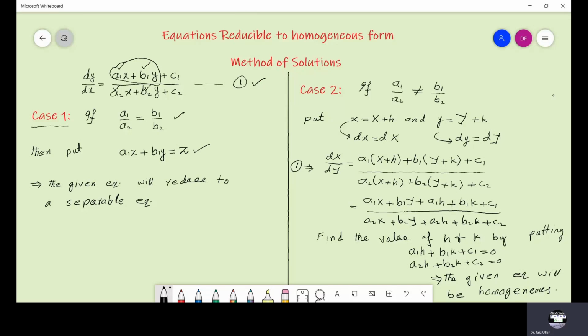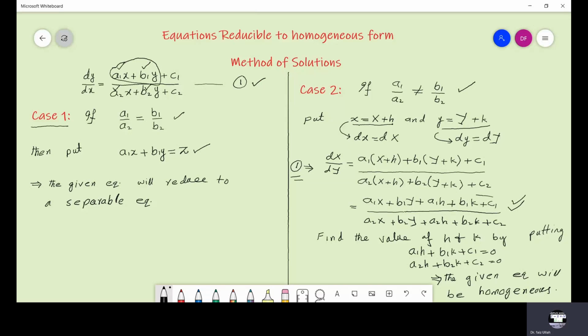Case number 2, if a1 divided by a2 is not equal to b1 divided by b2, then we have to put small x is equal to capital X plus h and small y is equal to capital Y plus k. After these substitutions in 1, we shall get (a1X plus b1Y plus a1h plus b1k plus c1) divided by (a2X plus b2Y plus a2h plus b2k plus c2).